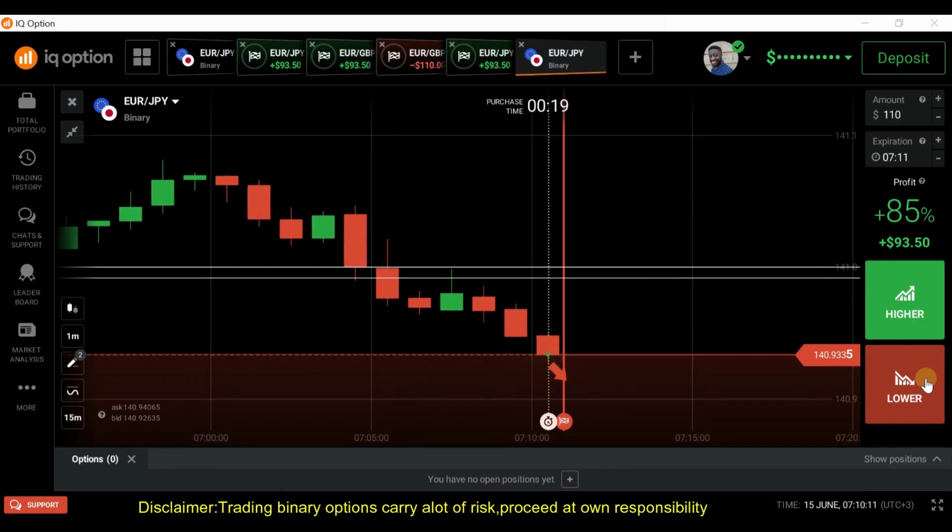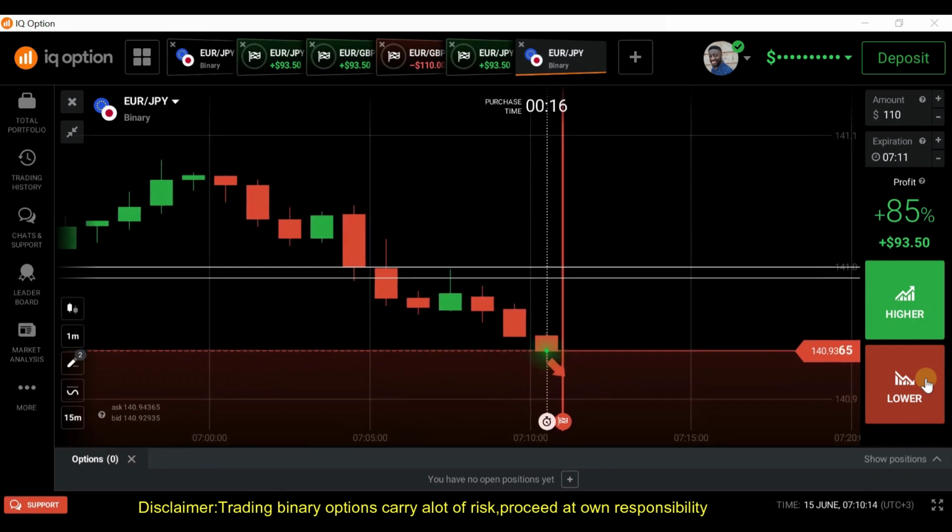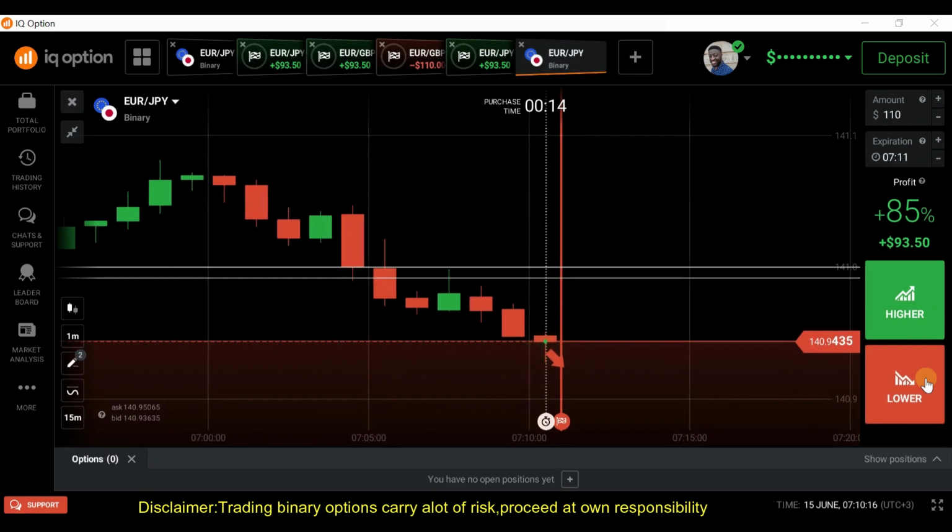I need a higher entry point. Can take my trade from there.